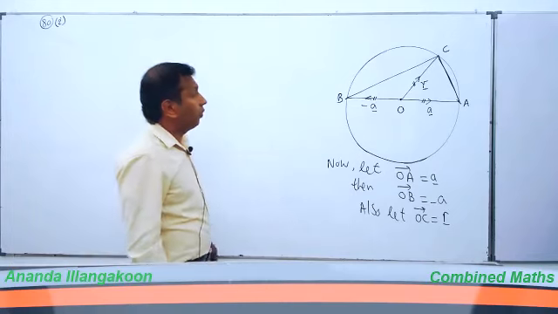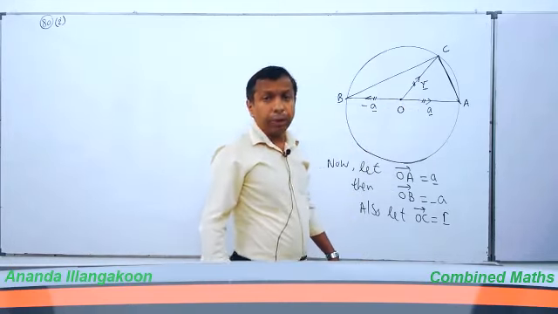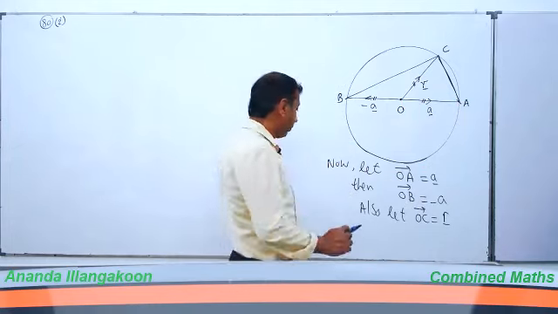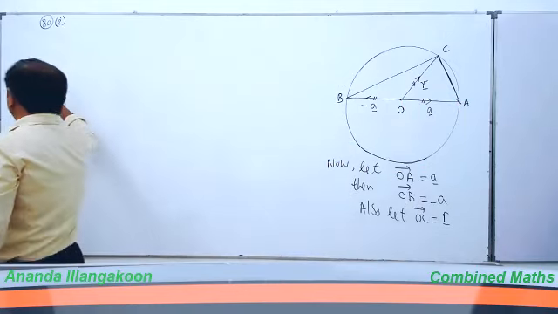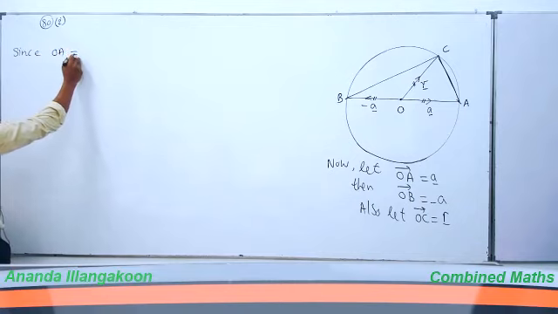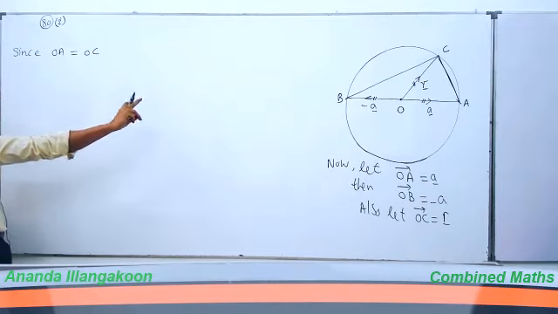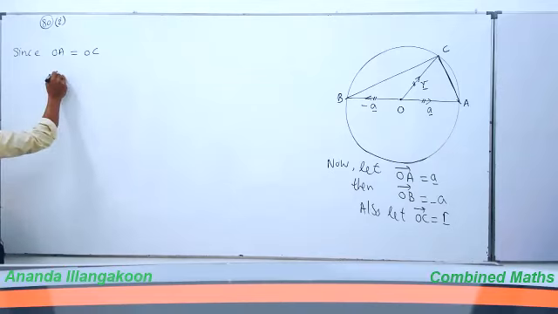People, you know, OC length and OA length are equal, no? The same radius, no? And now we can write, since OA length is equal to OC length, right? What is OA length? O to A length means simple A modulus.